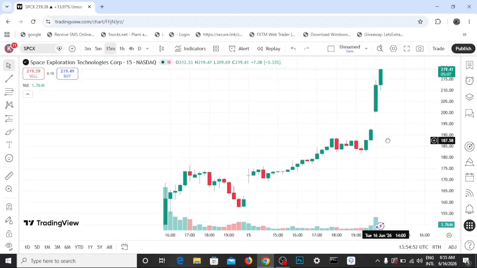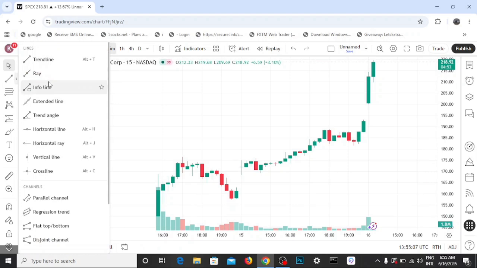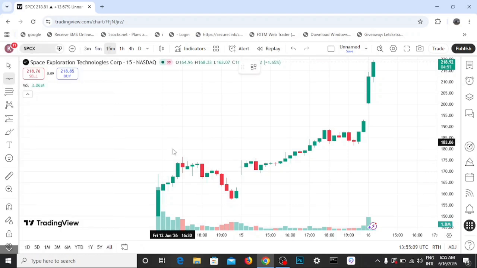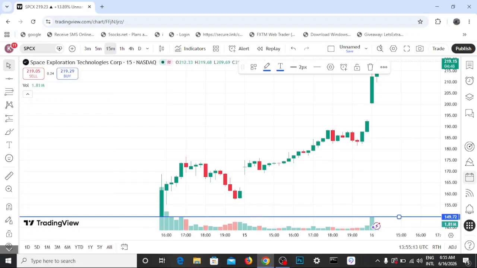If you look at the 15 minutes time frame, you can see the original point, the IPO point, okay. So that point, I'll just mark it with a horizontal line. The point was somewhere here, basically.